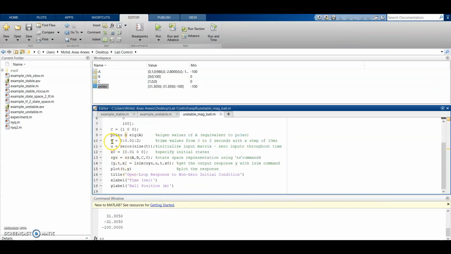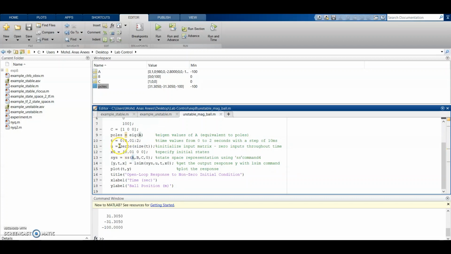Now we define the time period for which we want to plot the position of the ball. So we want to plot the position of the ball with time. It is an unstable system, so it should go to infinity with time. So we are taking a time duration from 0 to 2 seconds.